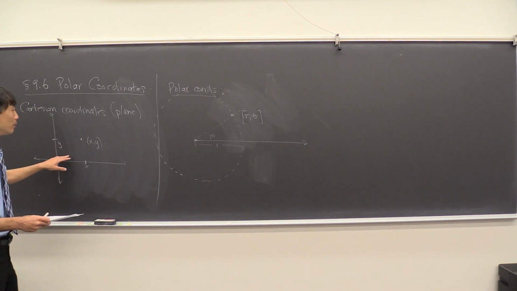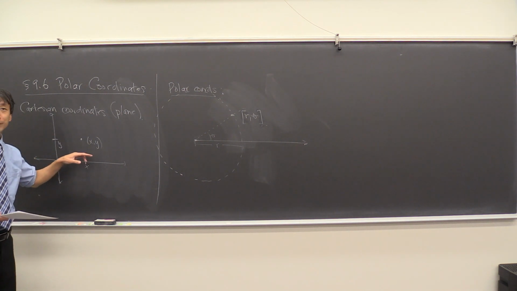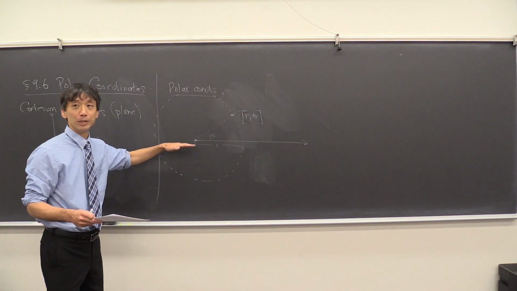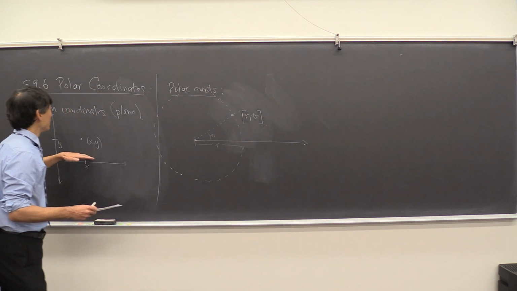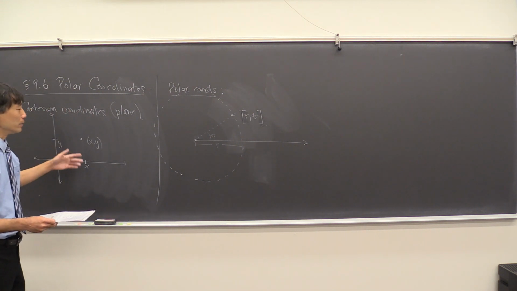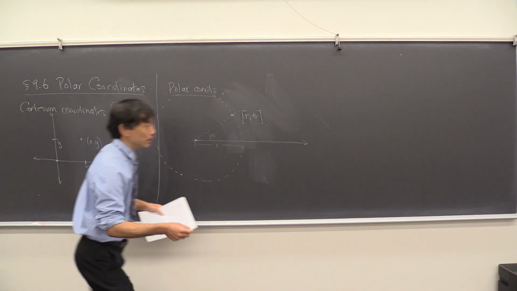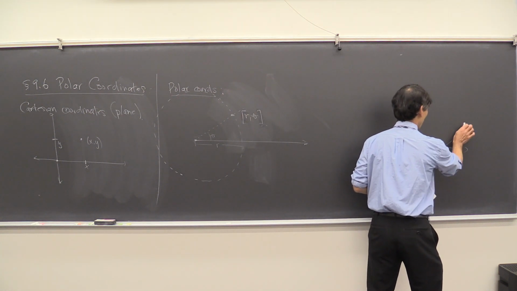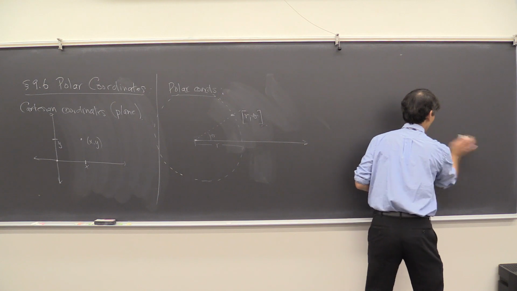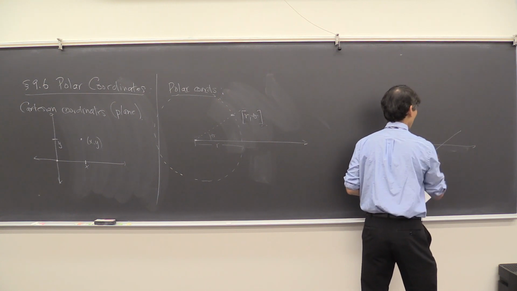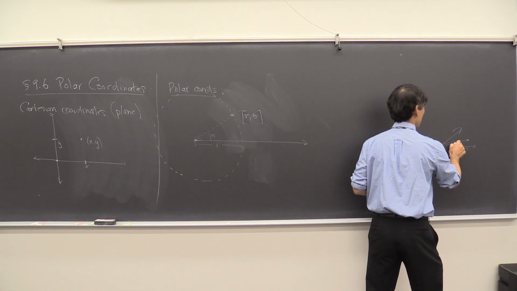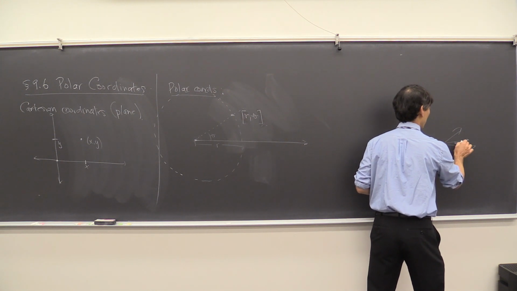One thing you might wonder is what happens when you go into 3 dimensions? Well, there are different ways to do it. There's so-called cylindrical coordinates. This is just an aside, but in cylindrical coordinates, for the plane you use polar coordinates down here.